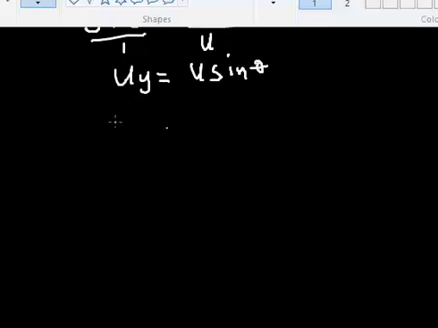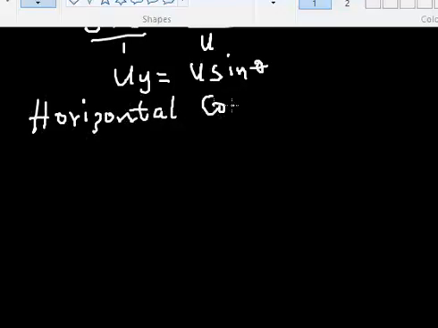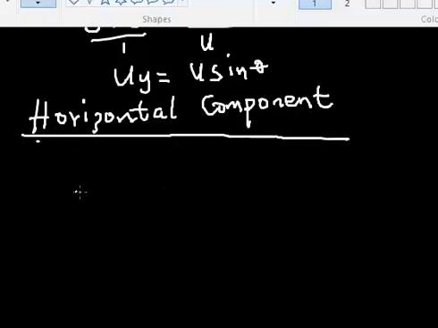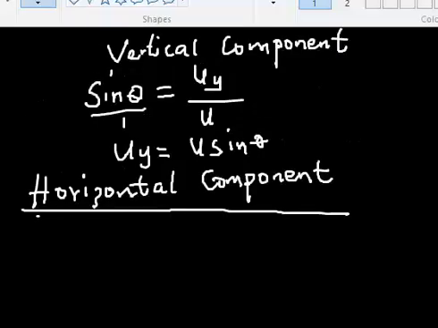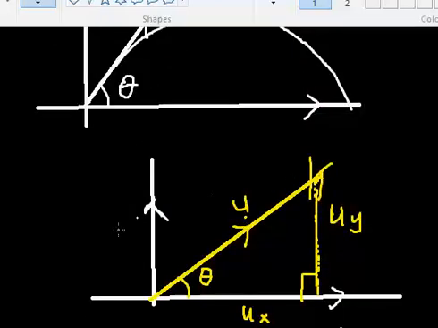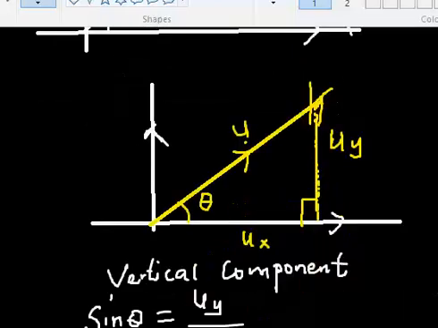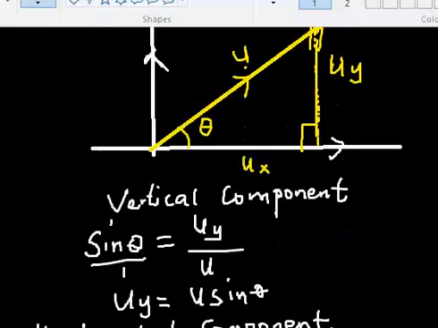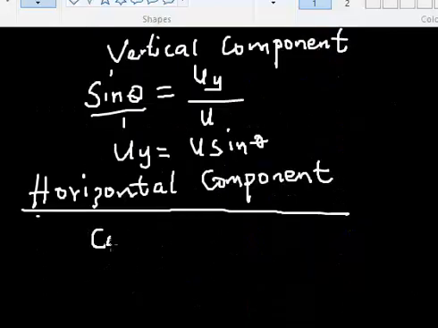Now if I consider it in the horizontal direction, that being the horizontal component, I am now looking at the adjacent of this right angle triangle, and with the hypotenuse, that is cos theta.